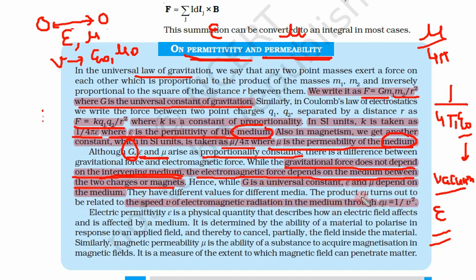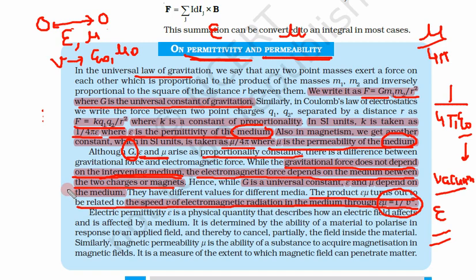Another important formula: the product ε μ turns out to be related to the speed of electromagnetic radiation in the medium. This is a very important formula. Sometimes it is given in the question paper to calculate the velocity of the radiation in this medium.